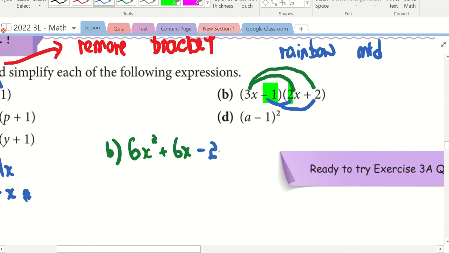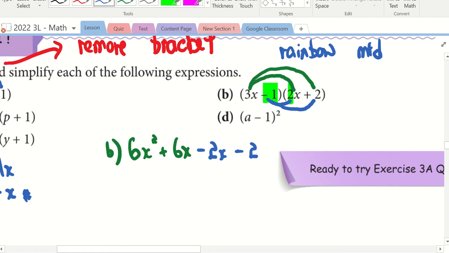Okay, then write down x. Only one single x. Am I right? Okay, now Solihin, negative 1 multiplied by positive 2, the second arrow. Negative 2. Class, the expansion is correct.